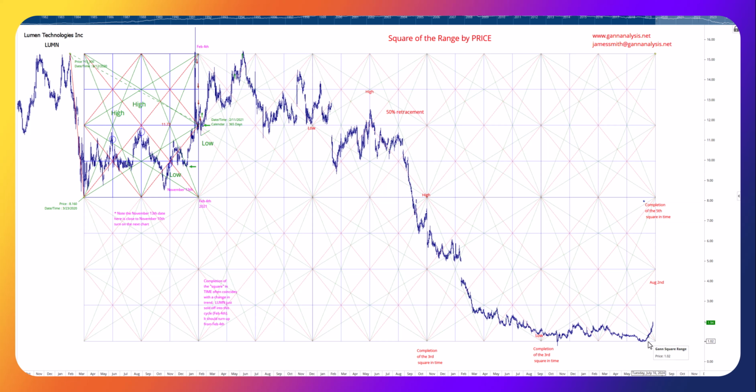And the idea that this cycle would still be working how many years later from the original point at which you created it? March 23rd, 2020, that was the low. You projected the first square, second, third, fourth, fifth square. Fifth square in time will be relevant, and it all relates back to that initial swing.